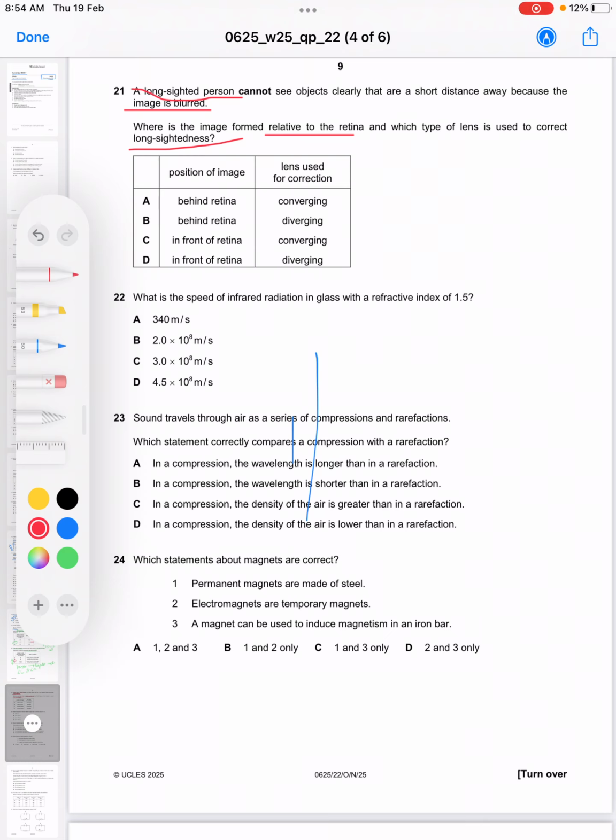Basically, when we have long-sightedness, it means the image is formed behind the retina, right? And we will correct it by using a converging lens, to make the image form at the exact position on the retina. So it is option A.